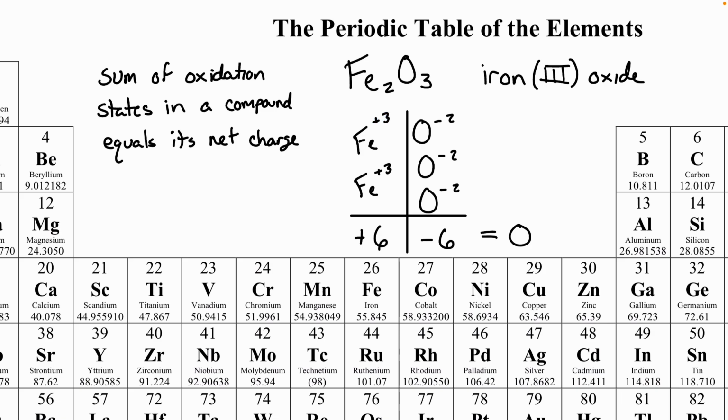Because I know my sum of my oxidation states has to equal 0. Since I have 3 oxygens with a -2 charge, that means that's -6. The only way that's going to sum to 0 is if the total amount of positive charge is +6, and I have 2 iron ions that are going to add up to +6.